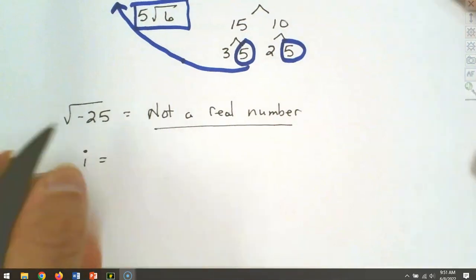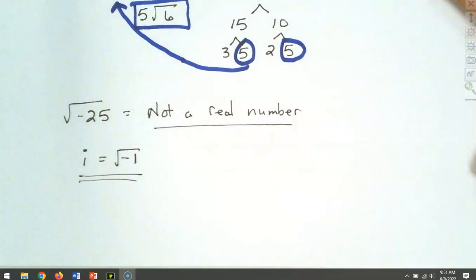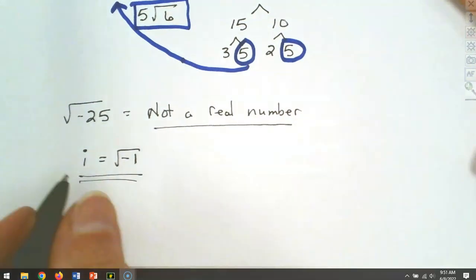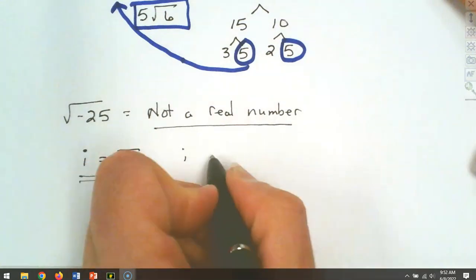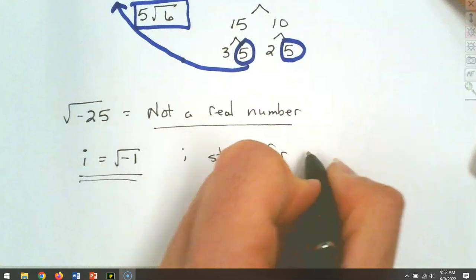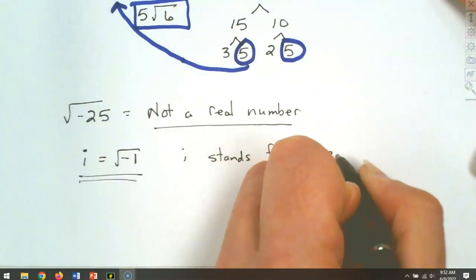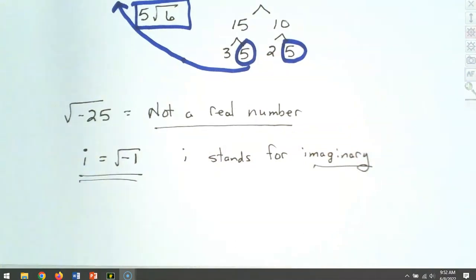i is defined to be the square root of negative 1. And i just stands for imaginary.